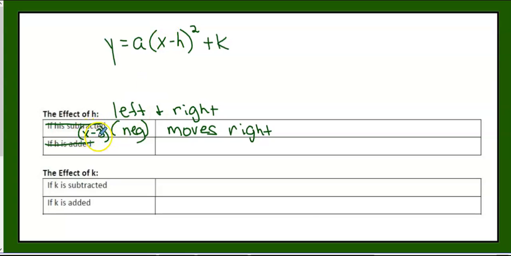So if it's x minus 3, it's x minus positive 3. Anyway, it moves right 3, okay? If it's a positive number, such as x plus 3, then that is a left movement. So left 3. The effect of K, this is the up and down movement.